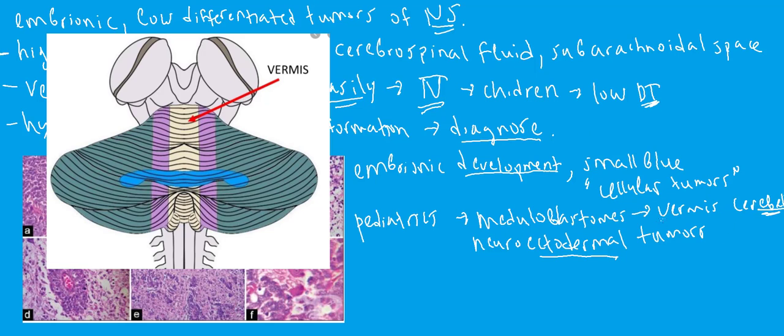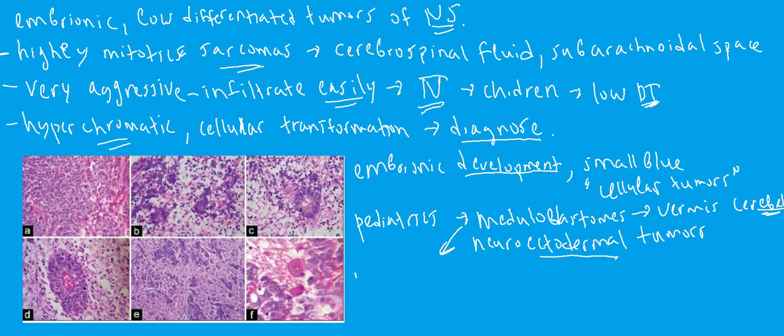These medulloblastomes are very dangerous because they could metastasize through the cerebrospinal fluid into the spinal cord or medulla spinalis.